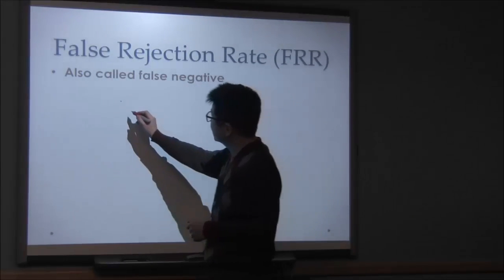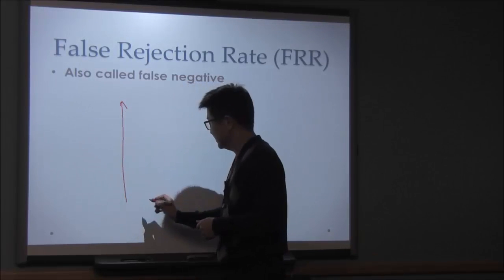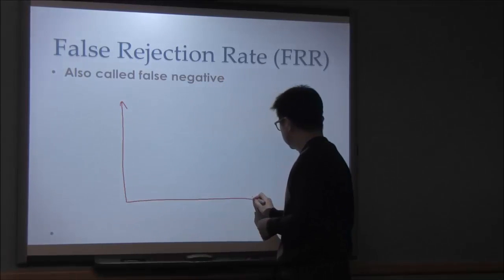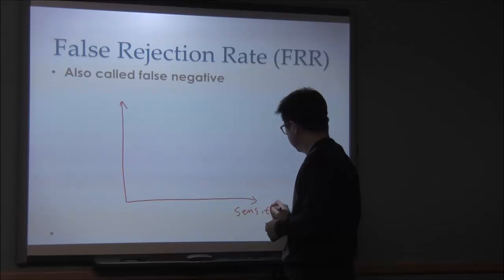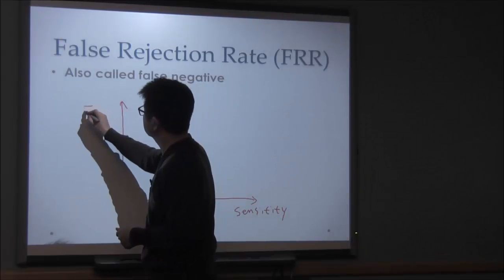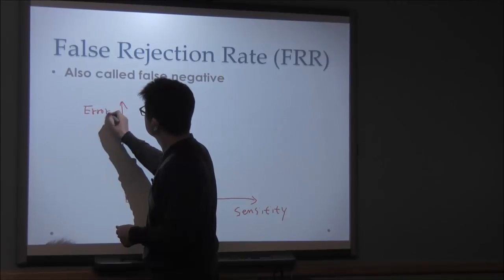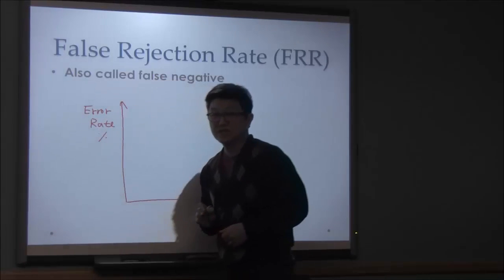So if I draw a graph similar to the one I drew earlier, here this is sensitivity, and the y-axis is error rate in terms of percentage.